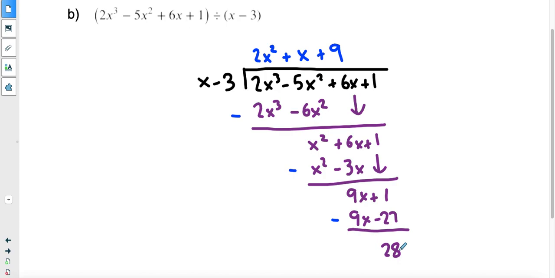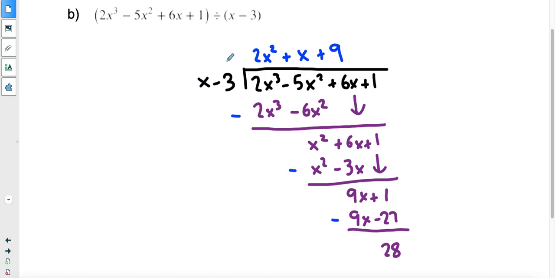How do we know that 28 is going to be our remainder? Well, there's a couple ways to look at it. One way is the degree of this number, 28, is less than the degree of x minus 3. Because the degree of 28 is just 0, and the degree of x minus 3 is 1, because here the x has an exponent of 1.